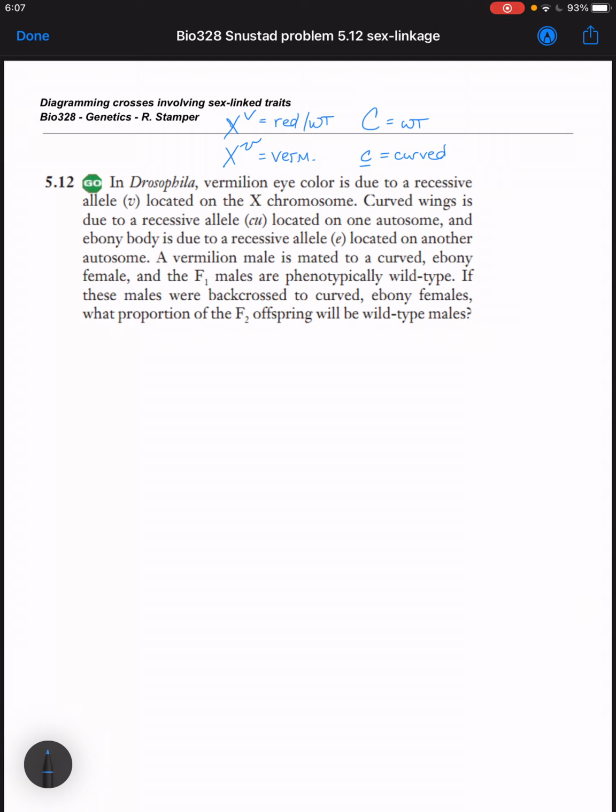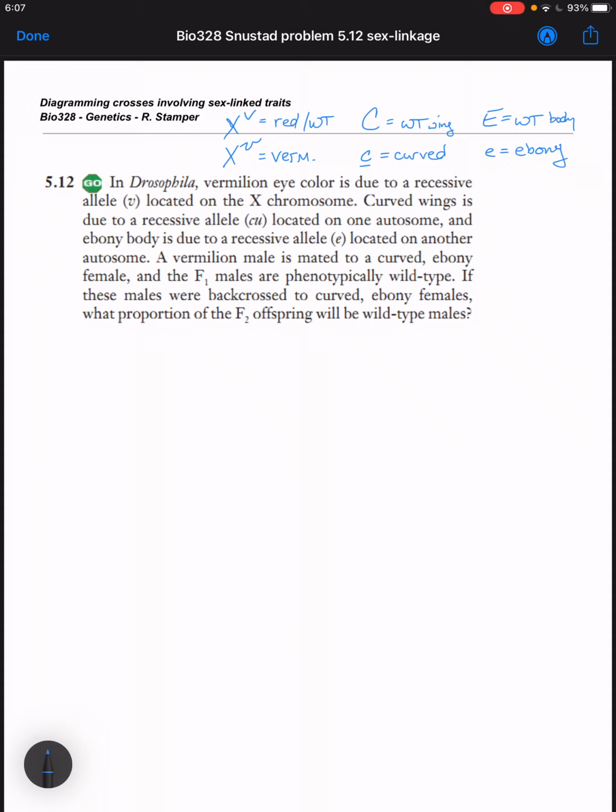They tell me that the ebony body color is due to a recessive allele e, which would tell me that the wild type or gray in fruit flies, the normal body color, is indicated by the capital letter E. Okay, so those are the symbols I'm going to use.